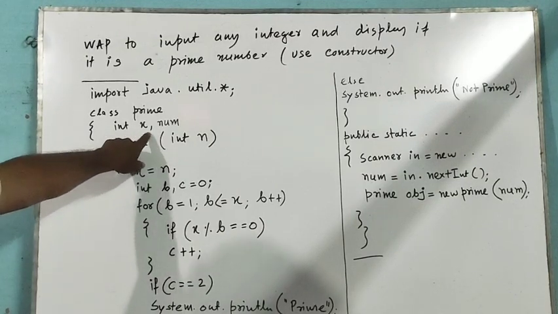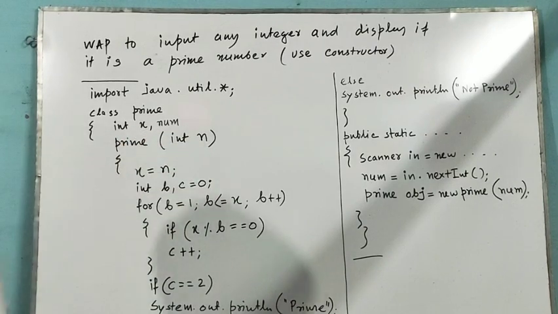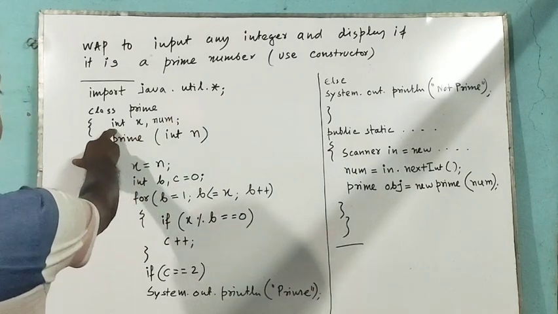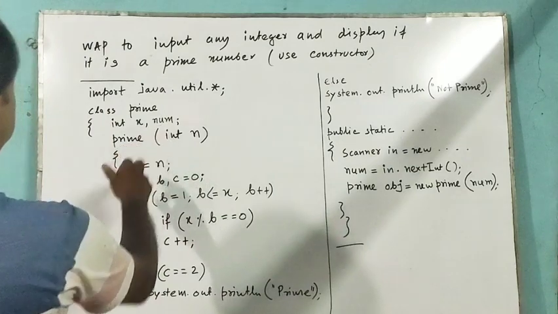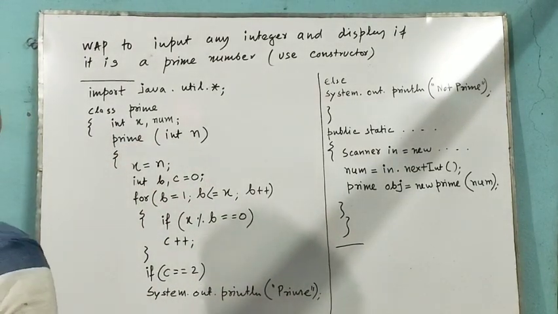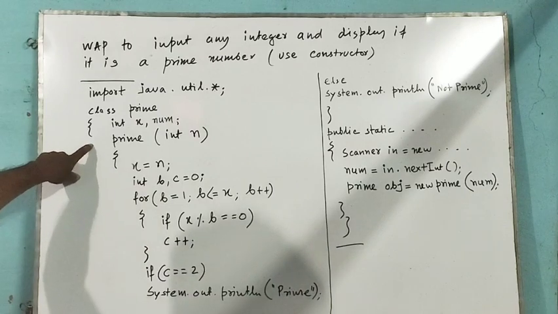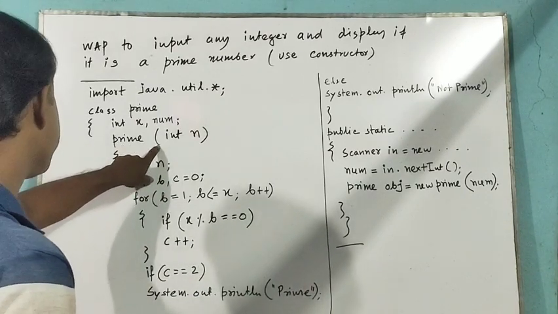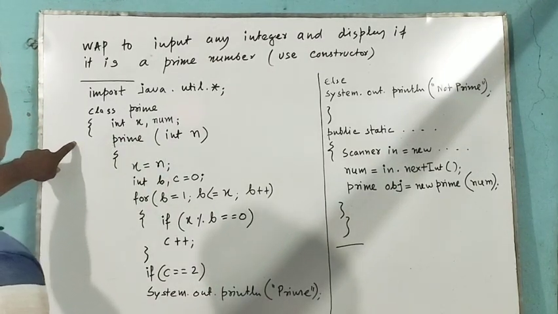Like you see the variables when we write, I wrote here x and num. Before these variables I have written int. That means these variables are of int type. But when I have written prime, before this I am not writing anything. So prime is constructor here, and constructor will not have any return type.